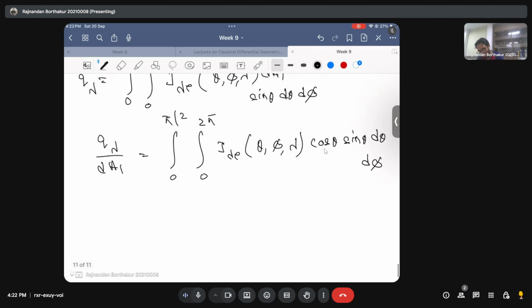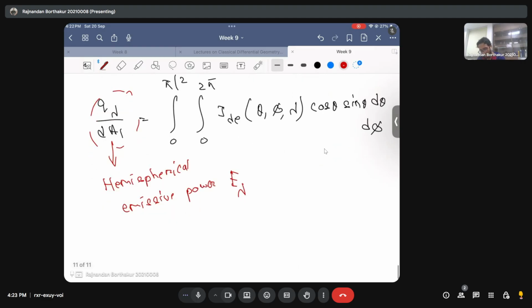Okay. And this q lambda by dA1, you can interpret that this is a flux. So this is actually known as the hemispherical emissive power, and we will denote it by the quantity E lambda.